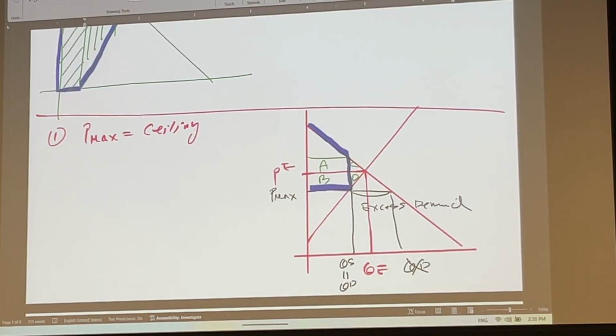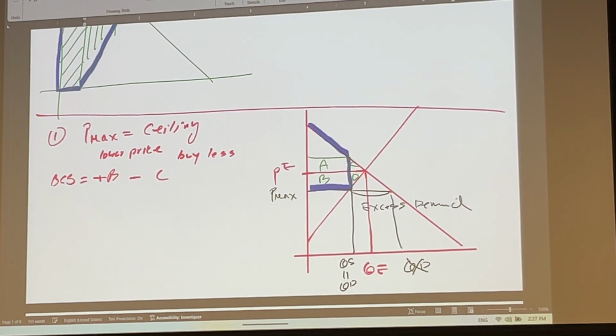So consumer gains B. They pay a lower price, they gain B. They lose C because they buy less. So there's a bit of help here. Lower price helps them, but overall you buy less. That is a negative. This can go either way.